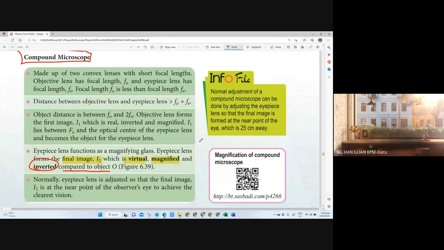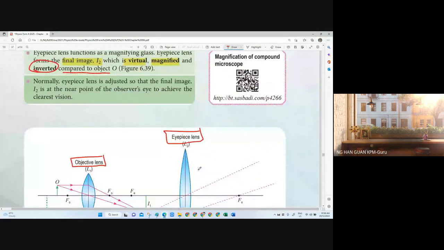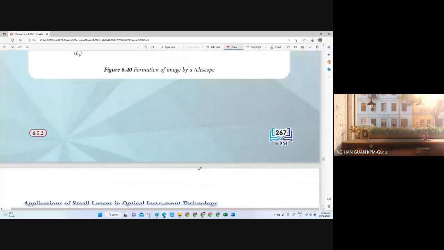In university, optics is a whole subject, but for your SPN level, it's just a small subtopic in your syllabus. So you can see that the knowledge you learn is very shallow.